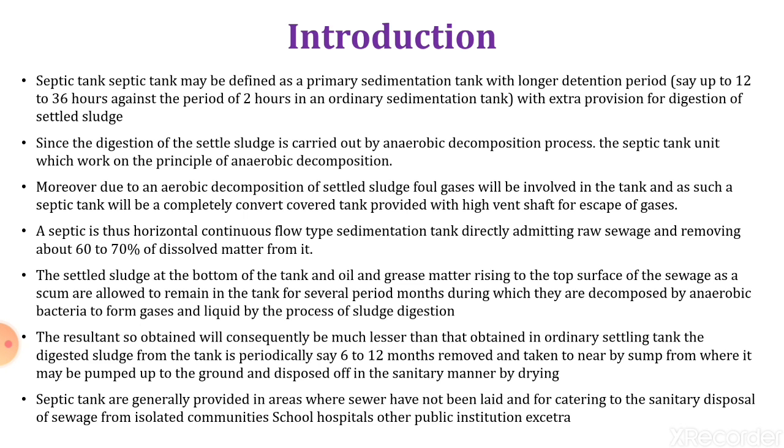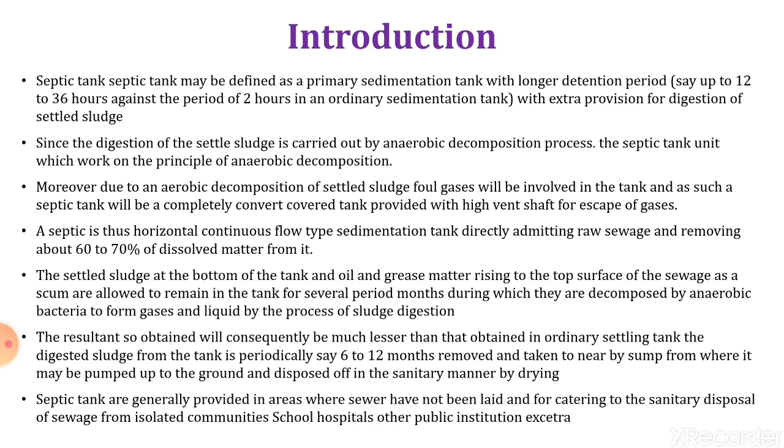The settled sludge at the bottom of the tank, and the oil and grease matter that rises to the top of the sewage as scum, are allowed to remain in the tank for several weeks or months, during which they are decomposed by anaerobic bacteria to form gases and liquid by the process of sludge digestion.